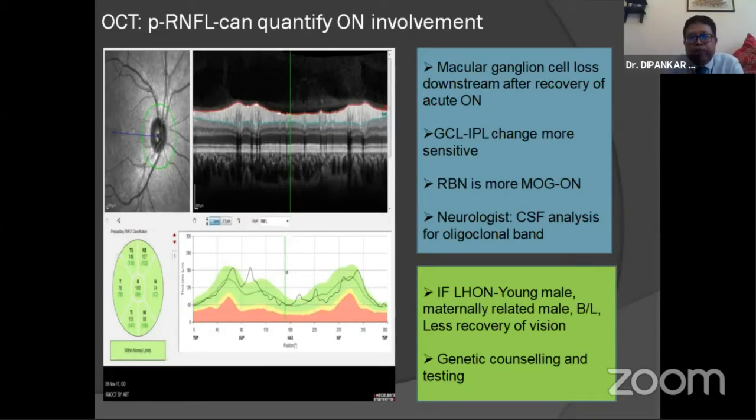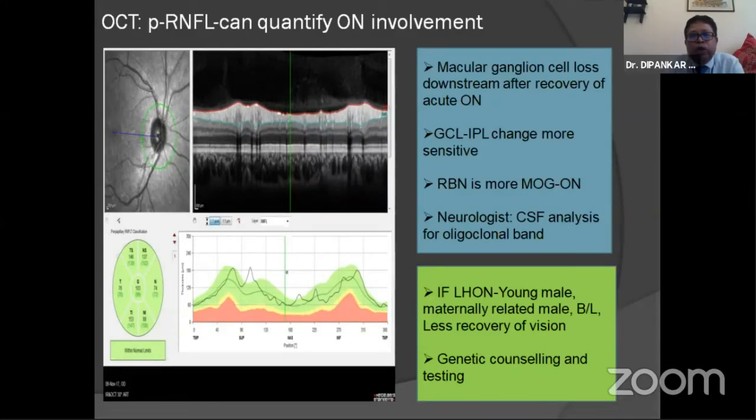An important thing for retrobulbar neuritis is the possibility of myelin oligodendrocyte glycoprotein, MOG, optic neuropathy. Sometimes you need to investigate more in atypical optic neuropathy, with all these collagen and other diseases. Neurologists sometimes do a CSF analysis for oligoclonal bands, and apart from it, as Dr.